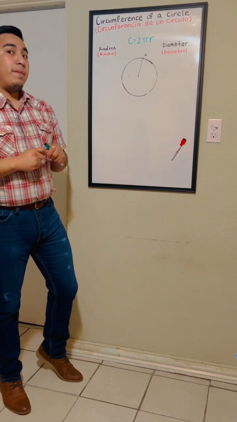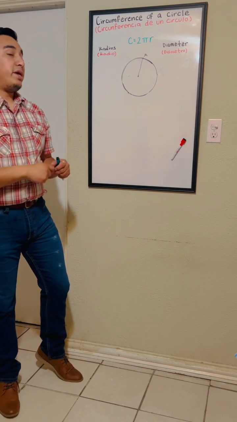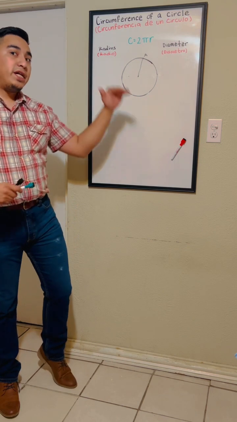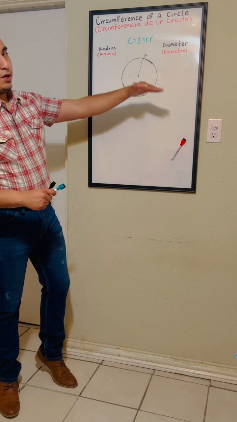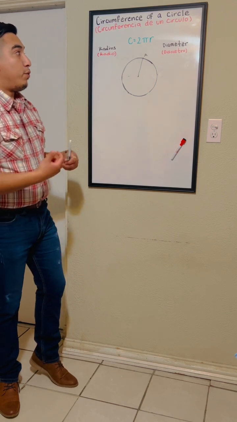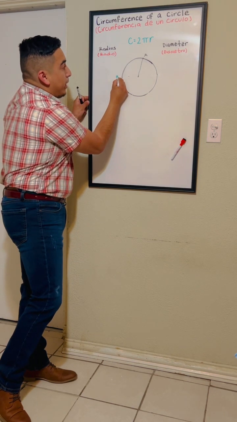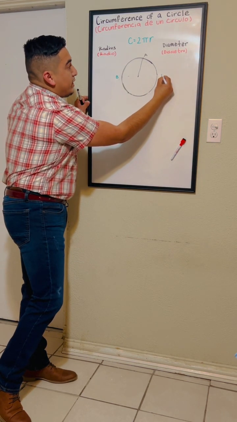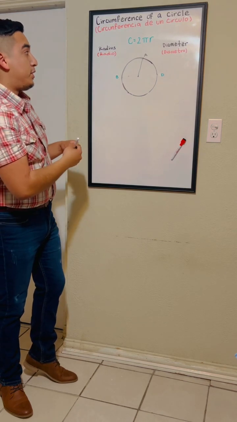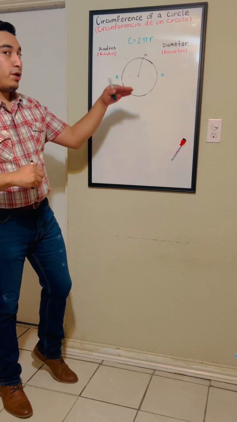Now, diameter is going to be another terminology. The diameter is a straight line that passes from one side of the circumference through the center of the circle to the other side of the circumference. We could label those points as point B and point D. We connect those 2 points by a straight line going through the center of the circle.